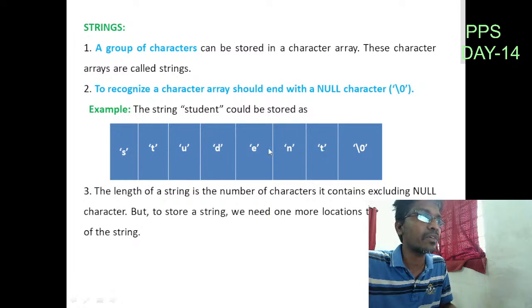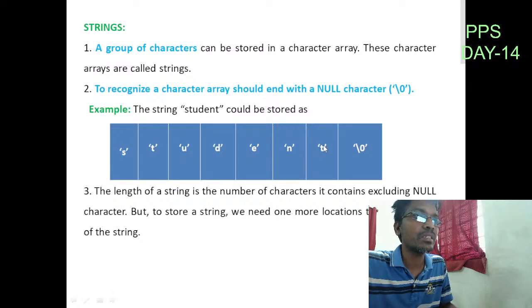After printing student, it will produce some garbage value, because you did not allocate the extra memory space for the null character. So if you are using a character array, you need to specify extra memory for storing the null character. Here student is 7 characters, but for storing the null character my character array will be 8 characters.